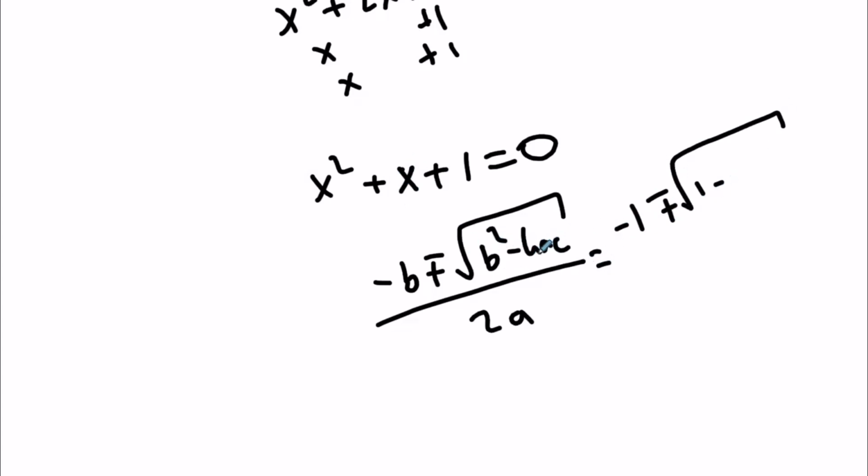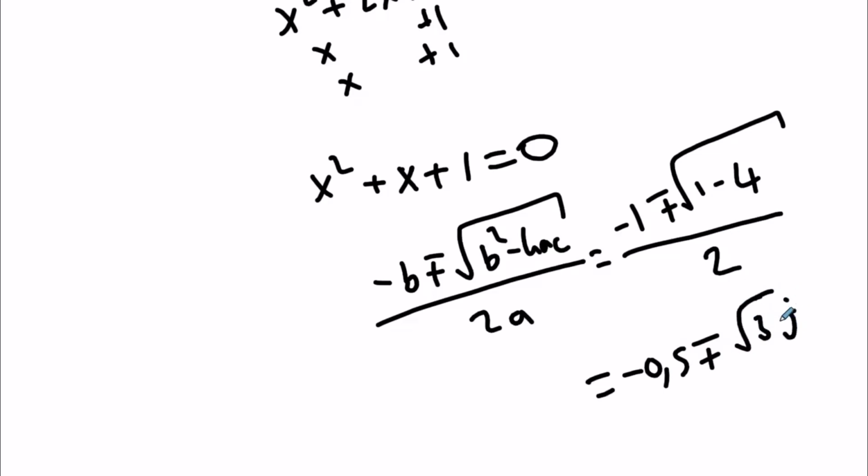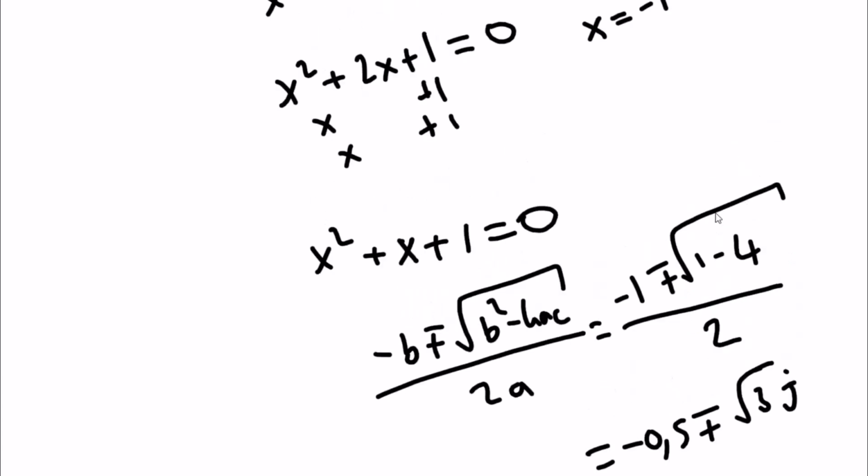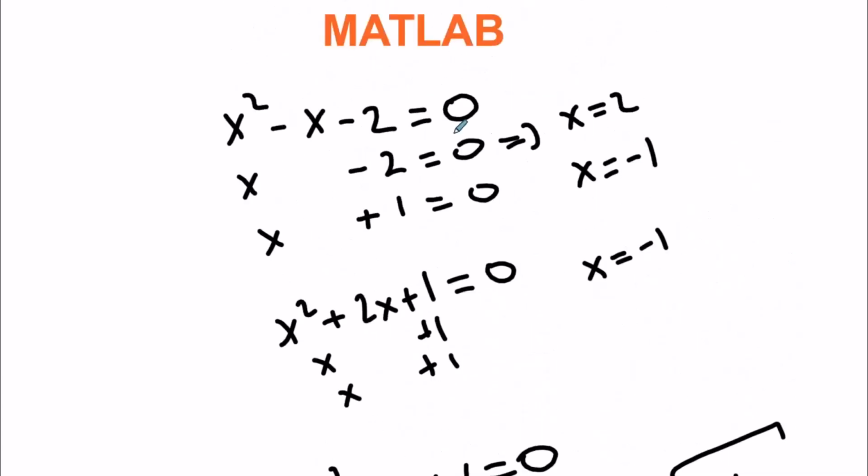Since a, b, c equal 1, it becomes minus 1 plus or minus the root of 1 minus 4, over 2. Here we find our roots as minus 0.5 plus or minus the root of 3 multiplied by j.